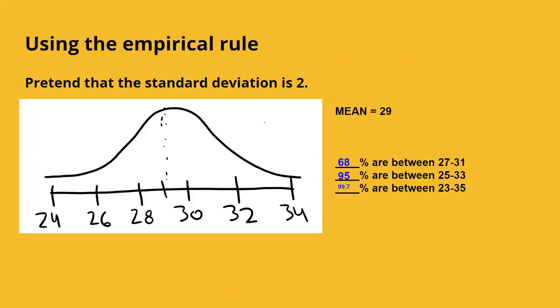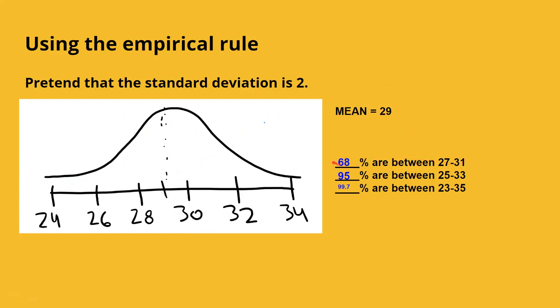Well, let's talk about it. Oh, I didn't mean to have these things already in here, but whatever. So pretend that the standard deviation is 2. All right, we found out that for this, whatever this happens to be, the standard deviation is 2, and the mean is 29. So here's the 29. So 68% of the data is going to be between 27 and 31. Why? Well, the standard deviation is 2. So we do 29 minus 2, 27, and 29 plus 2, that's 31.